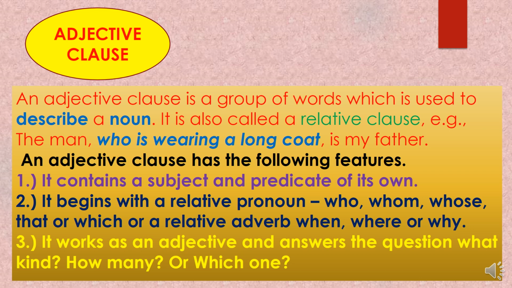See, the man is a noun, and who is wearing a long coat is an adjective because it is defining the man, that is, which man: the man who is wearing a long coat. So wherever we use the pronouns like who, whom, whose, that, or which, or wherever a relative adverb when, where, or why is used, it will always be an adjective clause.